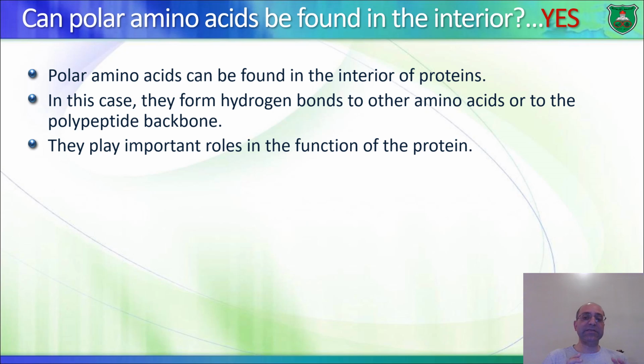Usually these charged, polar amino acids that are localized in the interior of proteins have a certain function. And we will learn about histidines being part of the important function of hemoglobin and myoglobin.